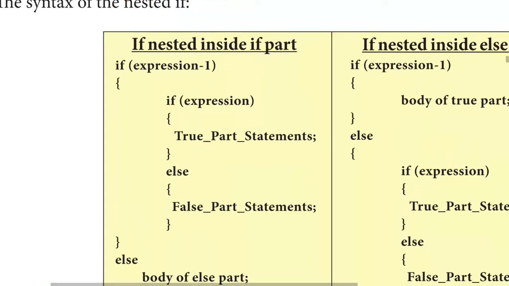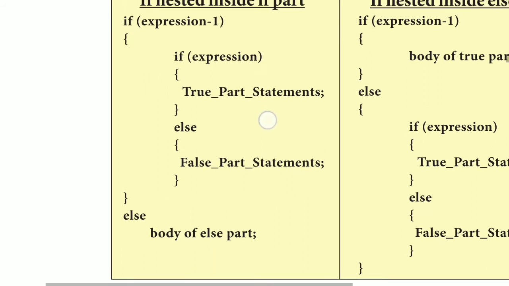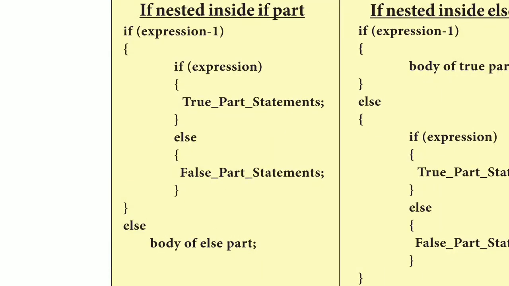First, if nested inside the if part. You can see that there is an if statement, and another if statement inside the if block. This is the if statement which is inside another if, and this is known as a nested if.